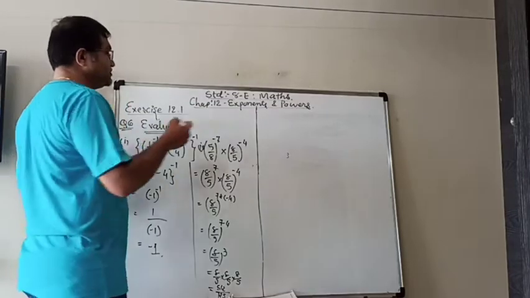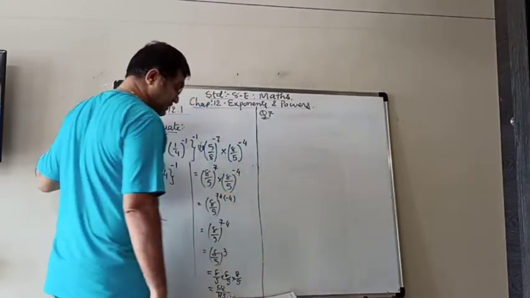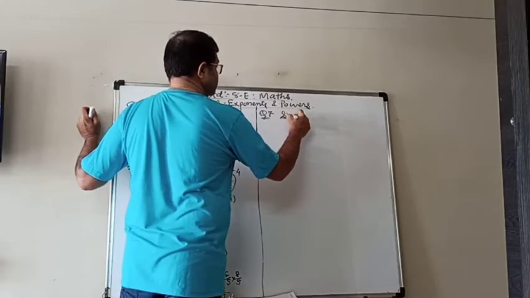Now question number 7. In question number 7, there are two sums for simplification.